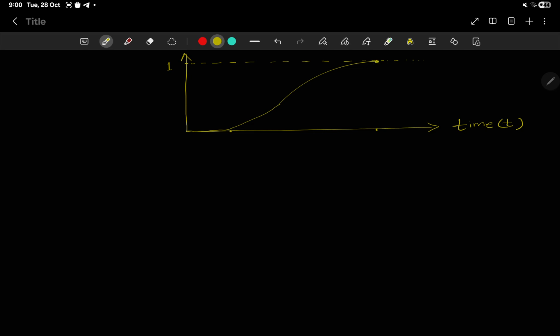Okay, some interpolation is happening here, right?